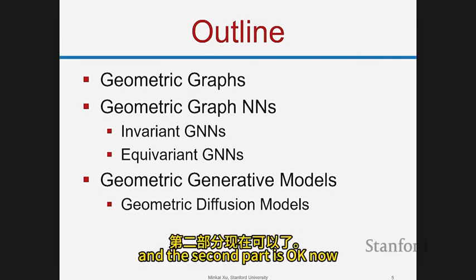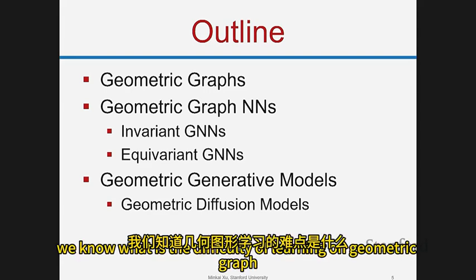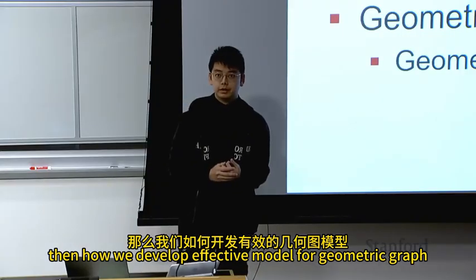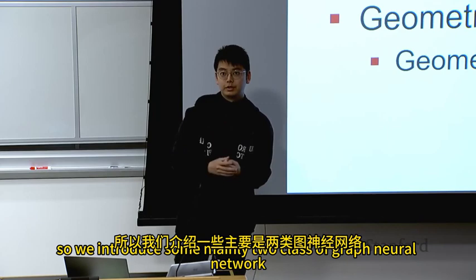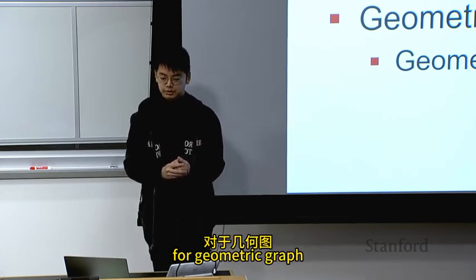And the second part is, okay, now we know what a geometric graph is. We know what the difficulty of learning on a geometric graph is. Then how do we develop an effective model for a geometric graph? So we introduce mainly 2 classes of graph neural network for geometric graph.